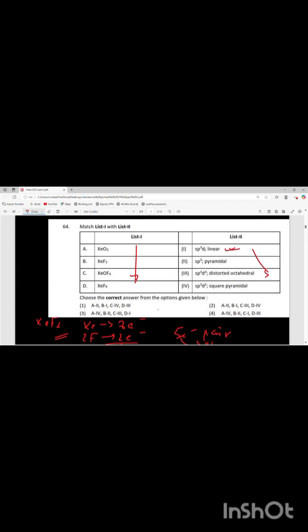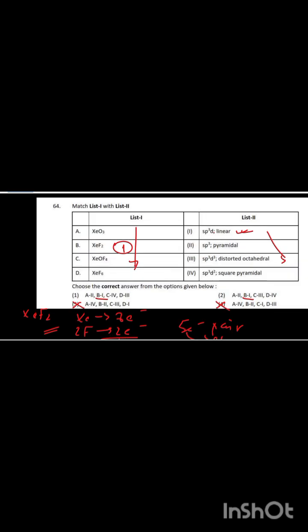So B must correspond to option 1. Option 1 has B as 1, option 2 has B as 1, option 3 has B as 2, option 4 has B as 2. So option 3 and 4 are not the answer. Option 1 and 2 can be.